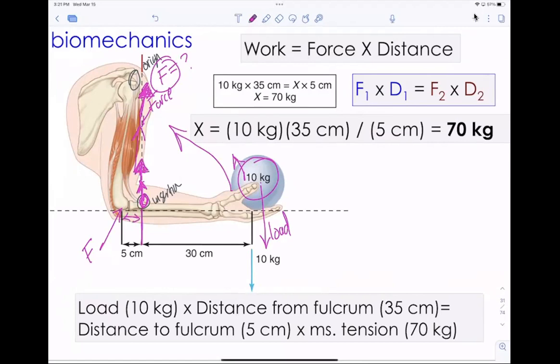We don't know force, but we know that the insertion is 5 centimeters away from the fulcrum. We do know the load, right? The load's 10 kilograms. And we also know that it's 35 centimeters away from the fulcrum.